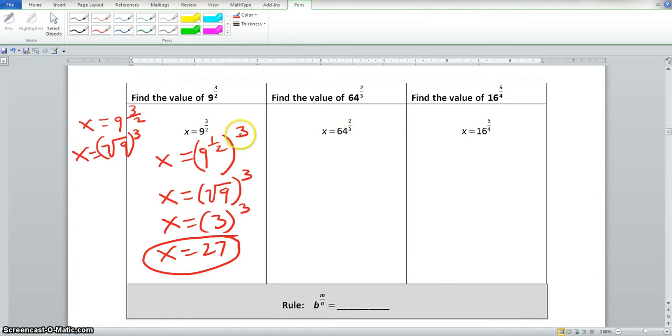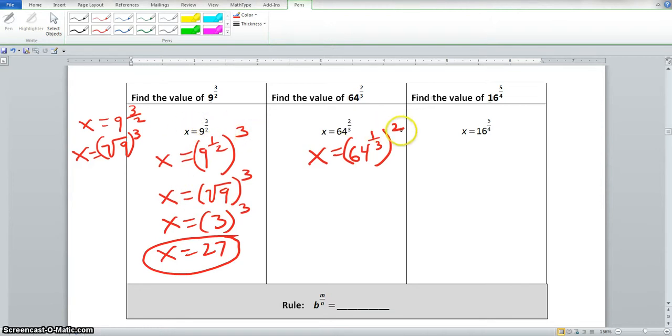If you notice here, taking this example, all we did was take the numerator of the fraction, put it on the outside, and replace it with 1 in the numerator. So let's try that here. We had x is equal to 64 to the 1/3 power, and we'll pull this 2 outside, which is the same thing we did here.